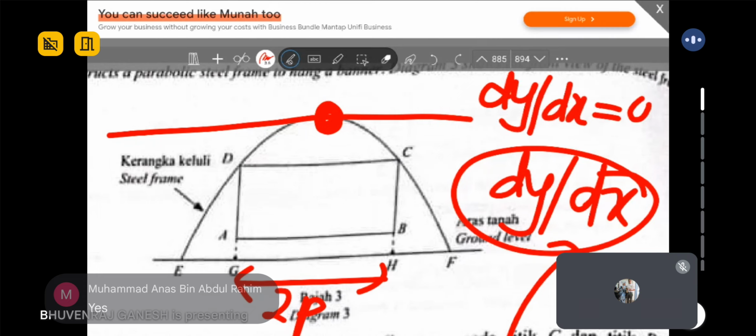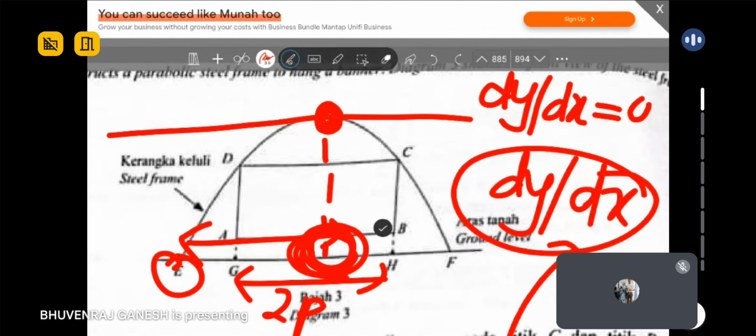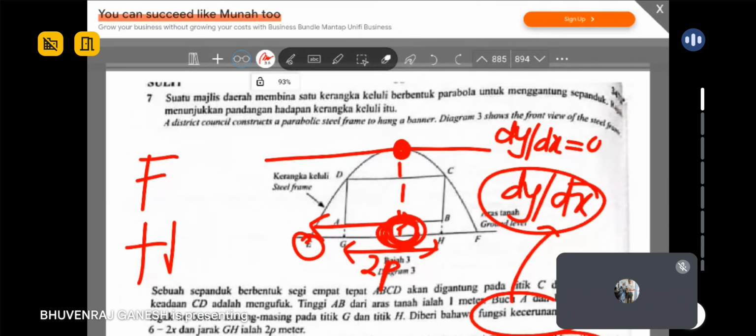So the concept is I'm finding what coordinate this is. Apa coordinate dia? Maksudnya saya akan tahu dah jarak ni secara tak langsung. If I find out this coordinate, I already know the distance from E to this point, sebab nilai x tu mewakili jarak dari E sampai titik yang tu.